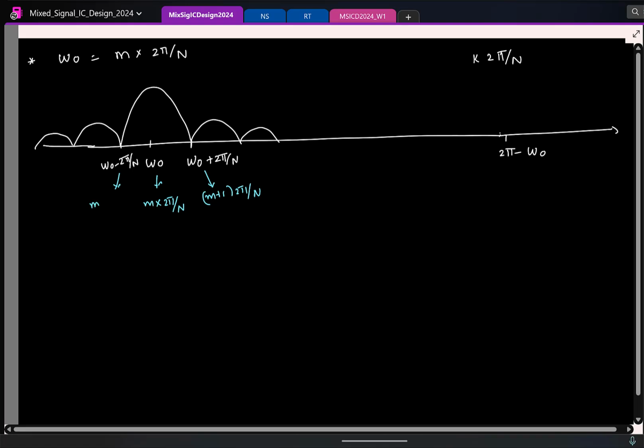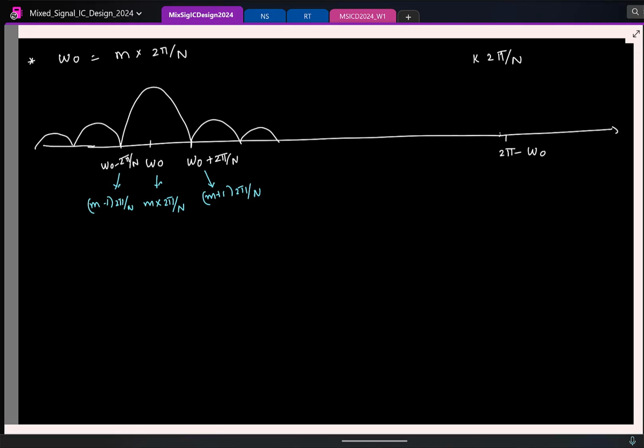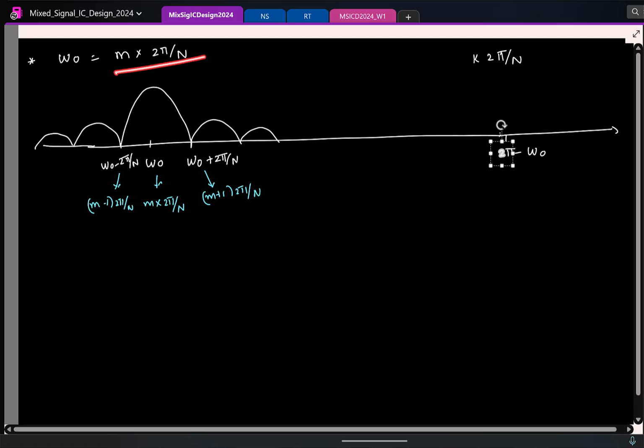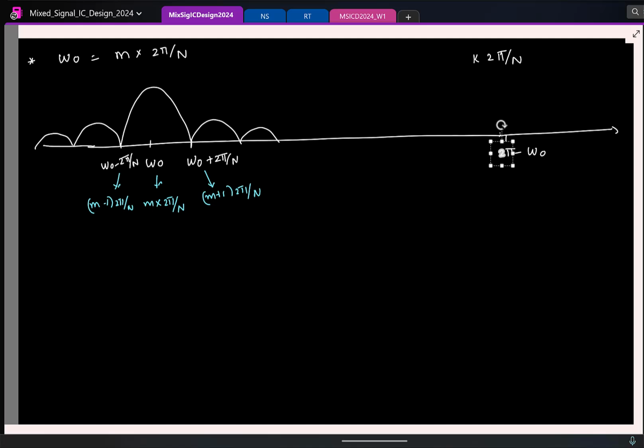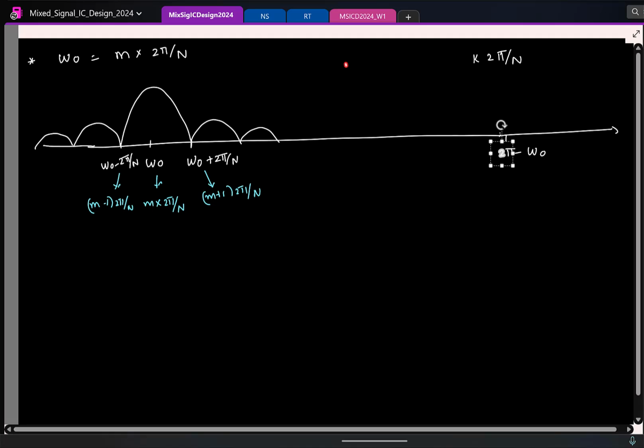This will be m minus 1 times 2 pi by n, and so on. Why did you choose that n? No, I'm just taking an example. There are two possibilities: either the frequency is of this form or it is not. We'll look at both cases. So now if I take the samples of this spectrum at these frequencies, what all points will I sample?